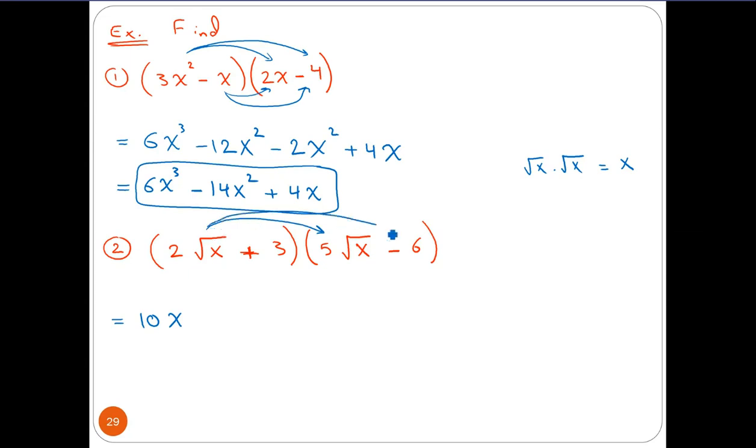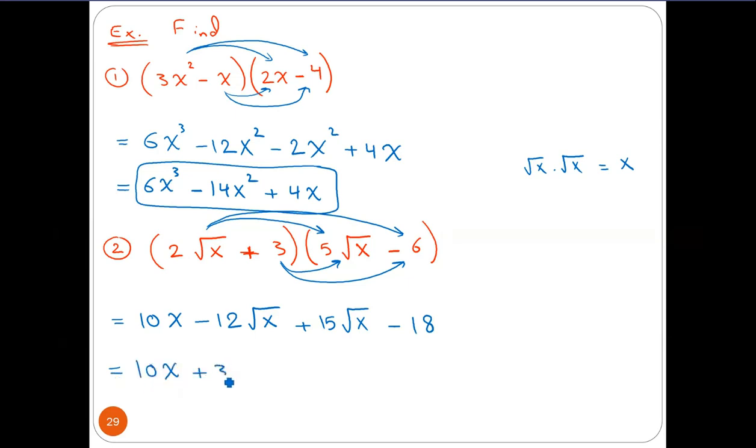Now multiply 2 radical x with negative 6, negative 12 radical x. Now the second term, 3 multiplied by 5 equals plus 15 radical x, and 3 multiply negative 6, this is negative 18. So we have 10x plus 3 radical x minus 18. This is the final solution.